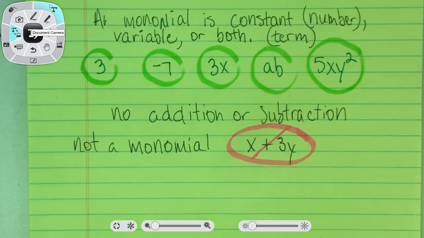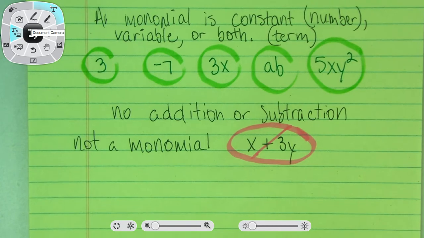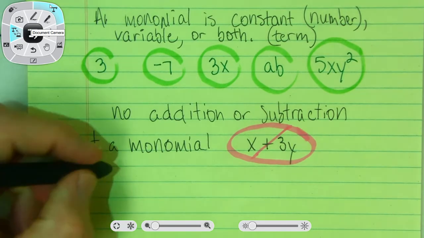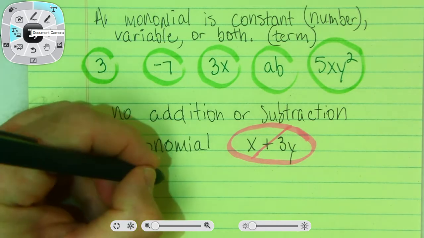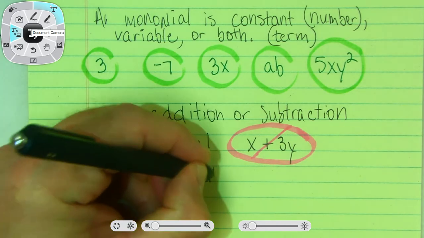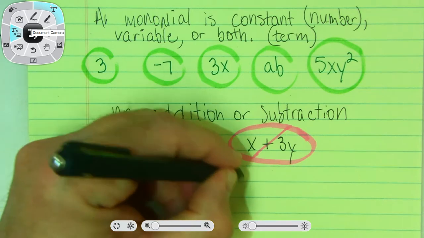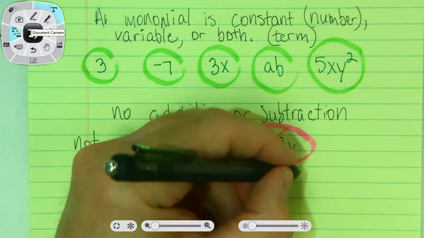This is the part where what we've already learned overlaps: how to add or subtract monomials.